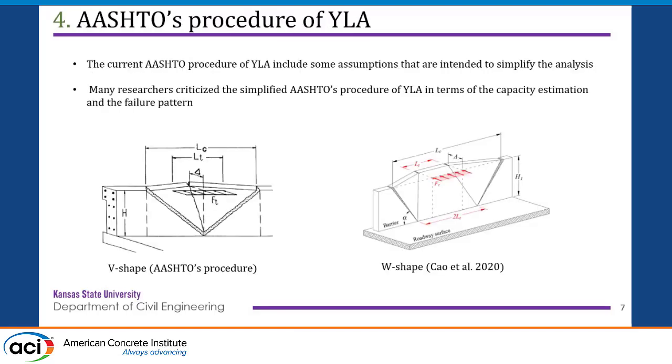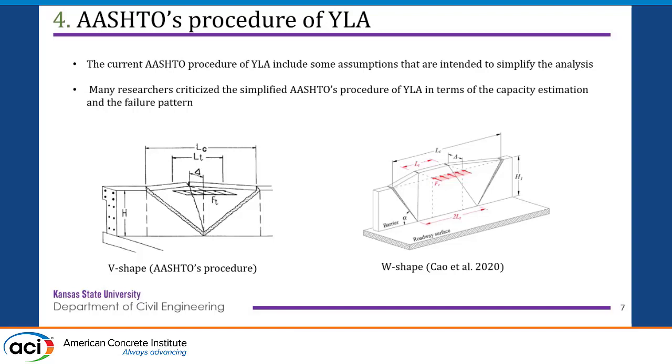AASHTO adopts the V-shaped failure pattern, which induces two yield lines in the front face of the barrier and one at the back. Many researchers have criticized this failure pattern. For instance, Cao et al. in 2020 suggested a W-shaped failure pattern.